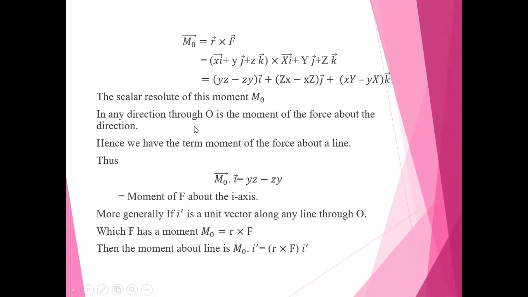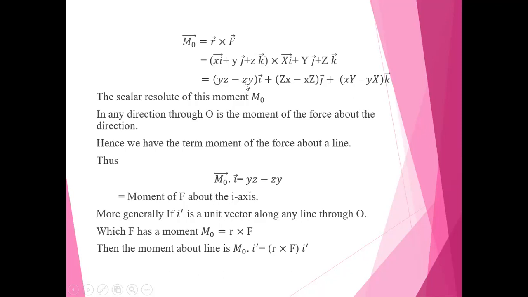The moment of the force about any direction through the point O is the component of mu naught in that direction. Hence, the moment of the force about the line is mu naught dot i vector, which equals yZ minus zY. This is the moment of F about the i axis.